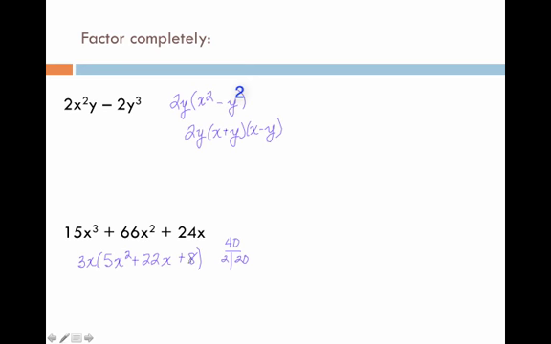So I've got a times c, that number, and these two factors will also add to give me my b. So I know that I've got 20x and 2x as my factors, and I'm going to factor this out quickly. And that'll be 3x times x plus 4 times 5x plus 2.